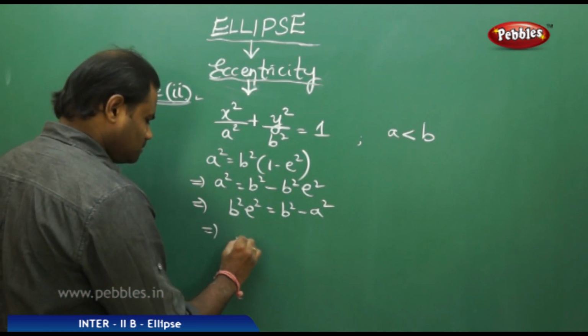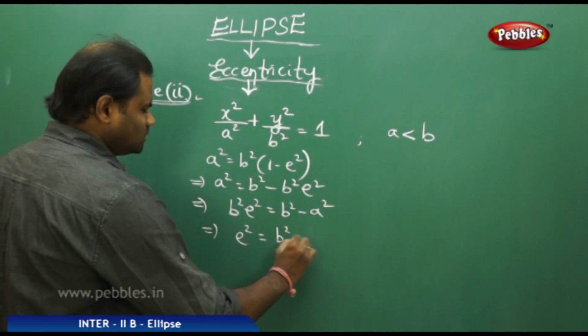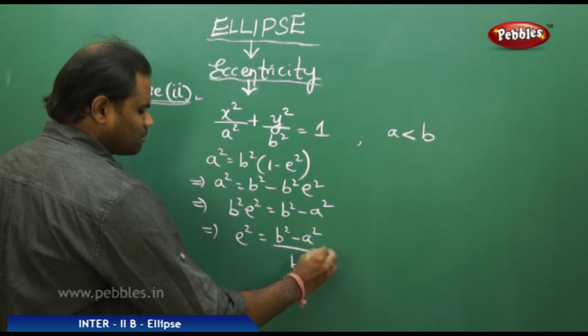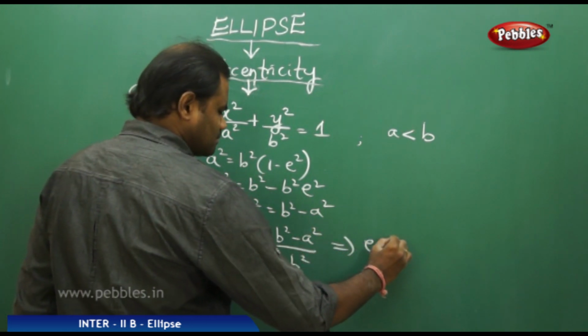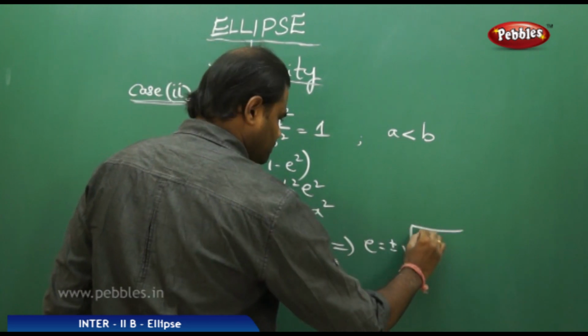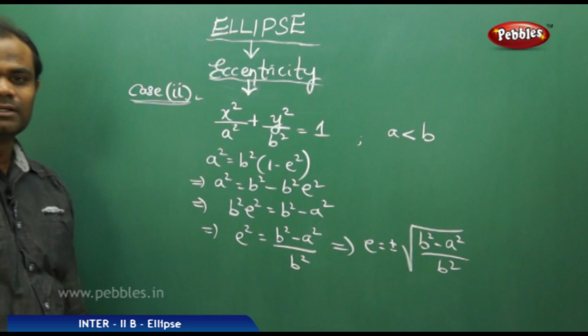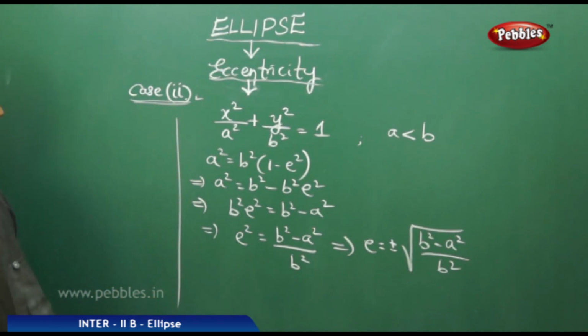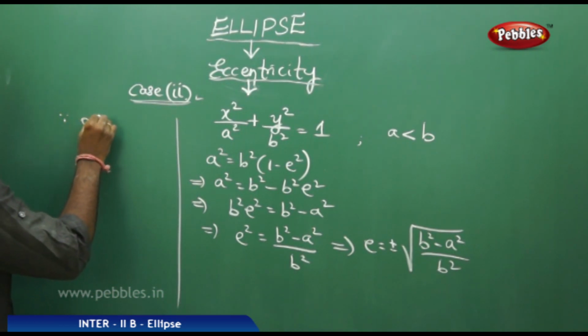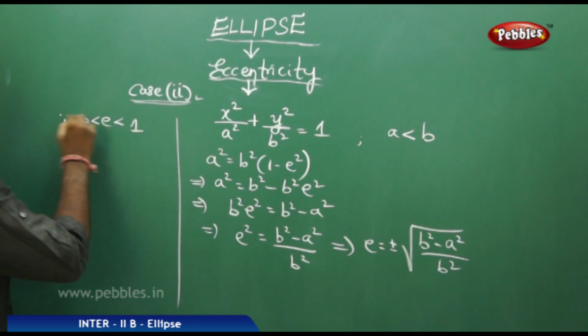This as this, but I take only the minus value since 0 is less than e less than 1.